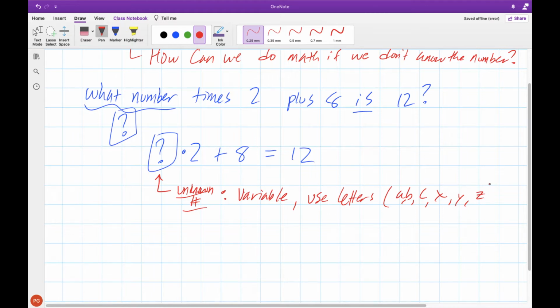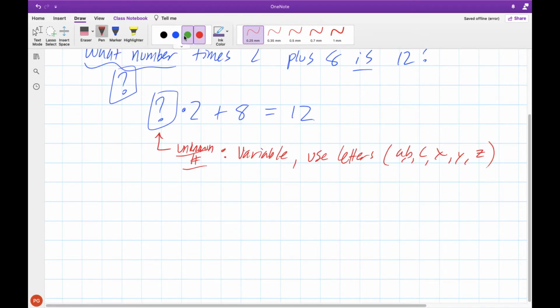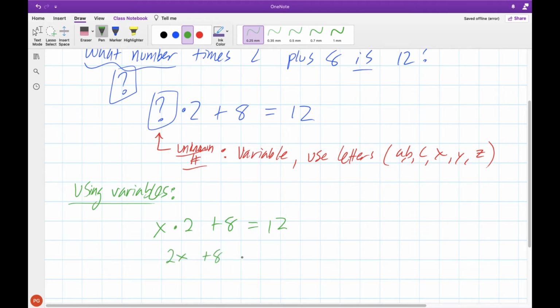And this is the core of algebra, using variables to represent numbers that we don't know. So if we were to rewrite this using variables, we would write this as, say, x times 2 plus 8 equals 12. Or another way we can write x times 2 is 2x plus 8 equals 12.